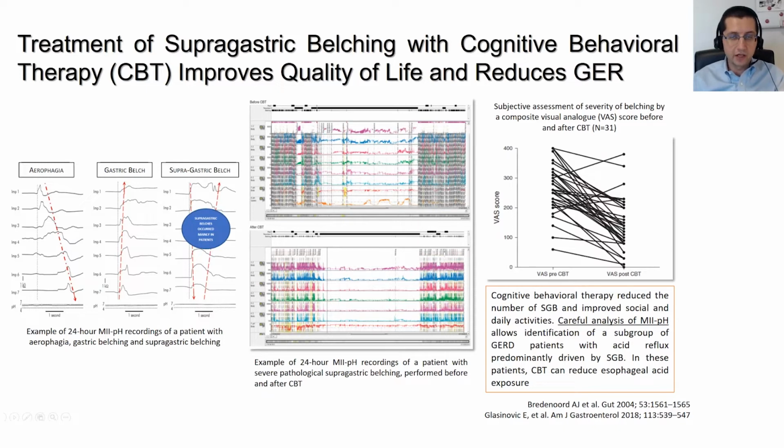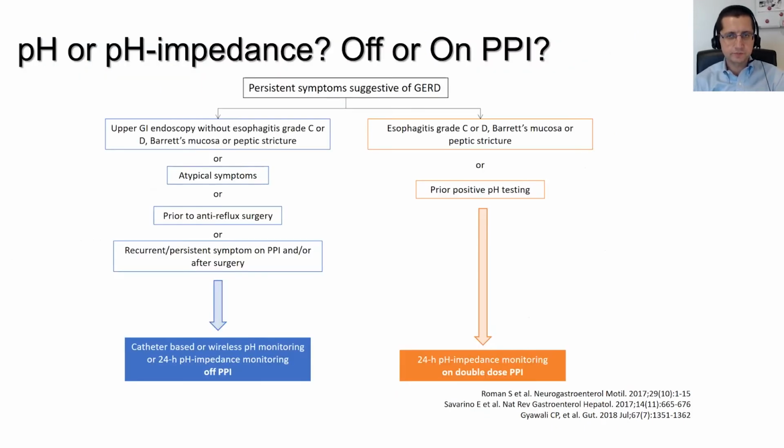The drawback, of course, of this study is that the analysis has to be done manually, and the tracings have to be read with particular care and attention, to identify with a good eye from the researcher patients who have increased supragastric belching during the testing day.